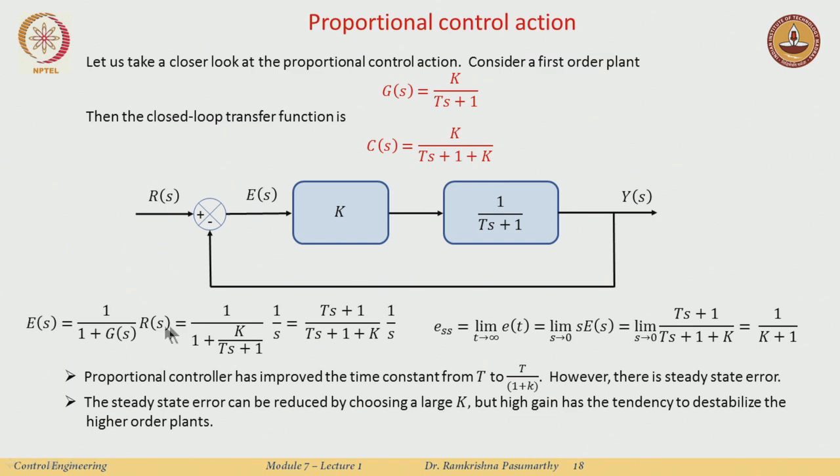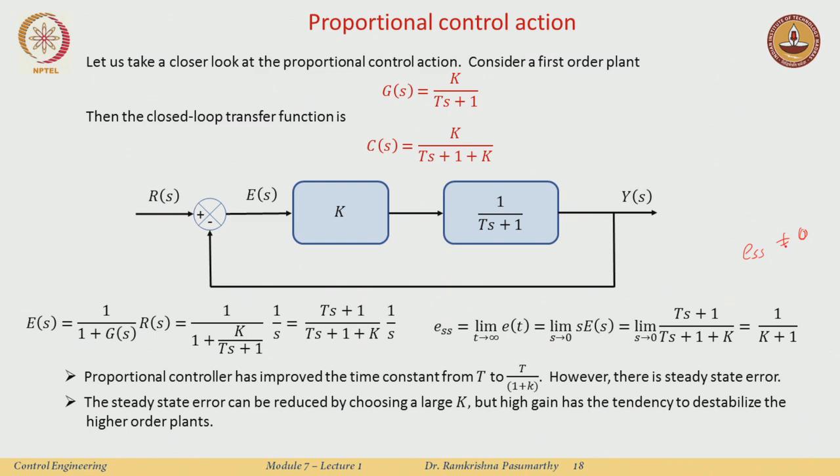If the reference is a step function, the steady state error, by doing all these calculations, which we had done before also, is 1 over k plus 1, right. The first observation is that the steady state error is non-zero. Ideally I would want it to be 0, but it is not 0 in this case.